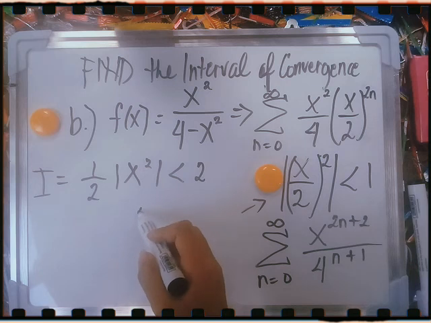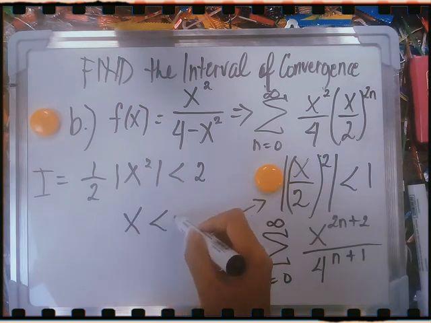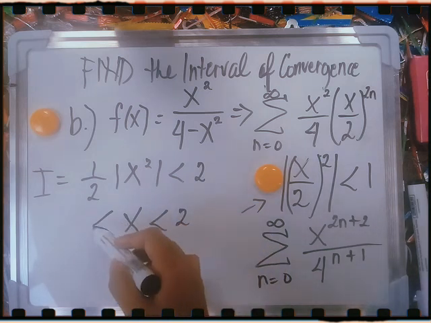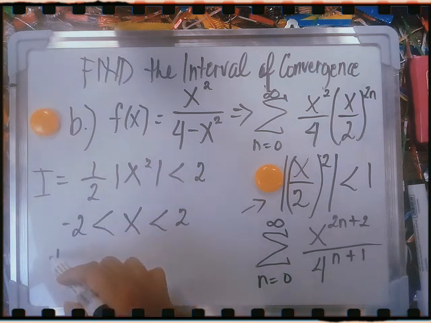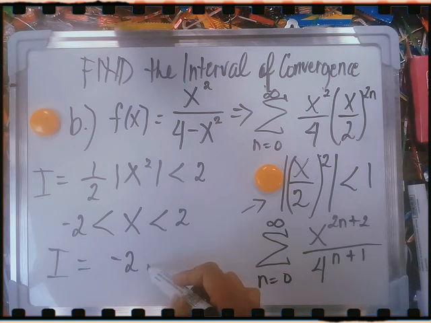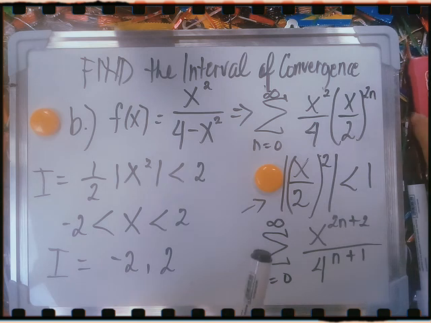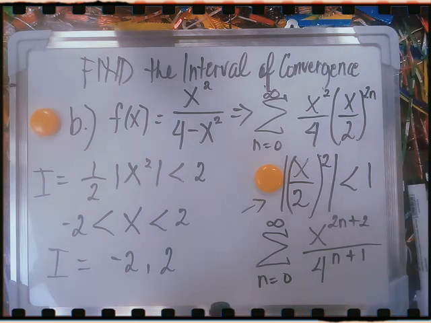So, we have here x less than 2 but greater than negative 2. So, obviously, our interval of convergence are negative 2 and 2. So, that's our interval of convergence.